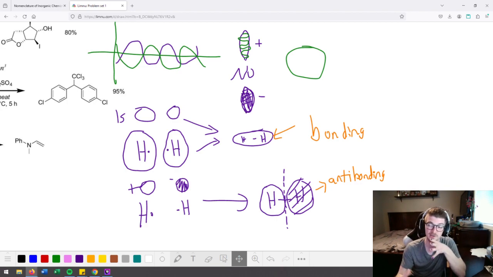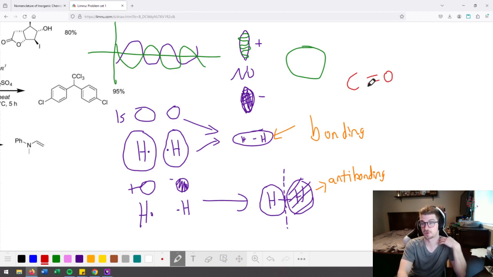But even that breaks down if we have something like a carbon-oxygen double bond. It's called a carbonyl, and the lowest unoccupied molecular orbital is this antibonding orbital, with your node.